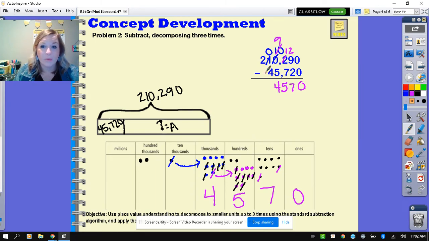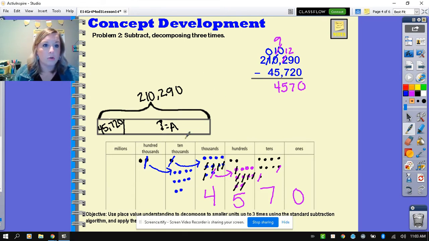Well, again, we have to go next door and borrow again. So I'm going to take one of my 100,000s. I'm going to cash it in for 10 of them in this next column. Now, I guess I should clarify.